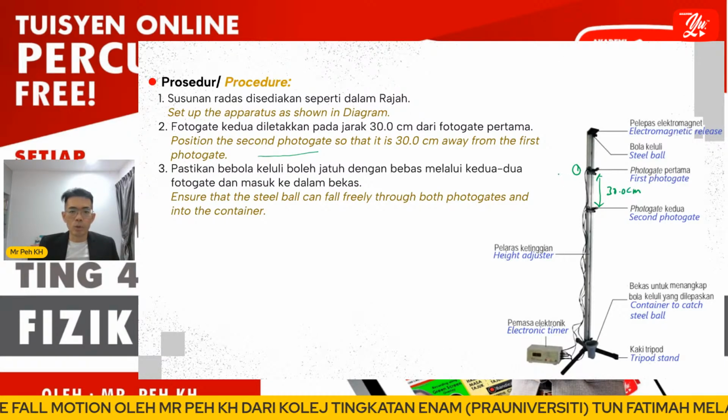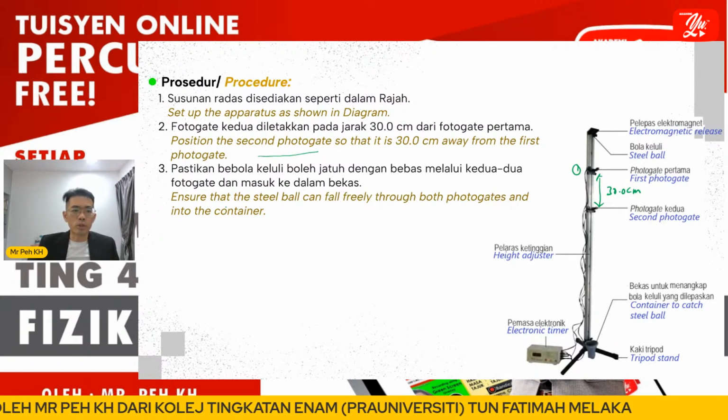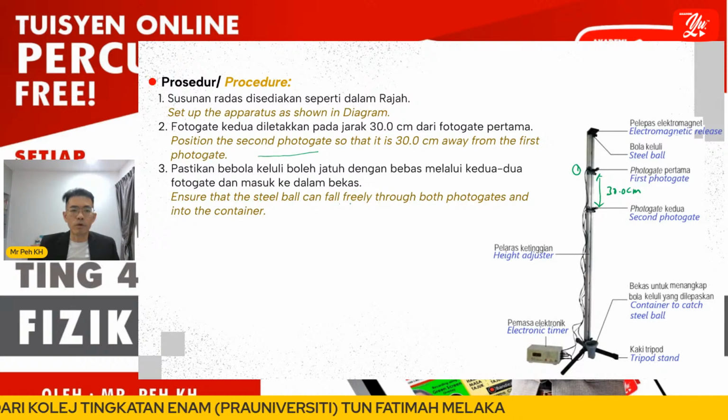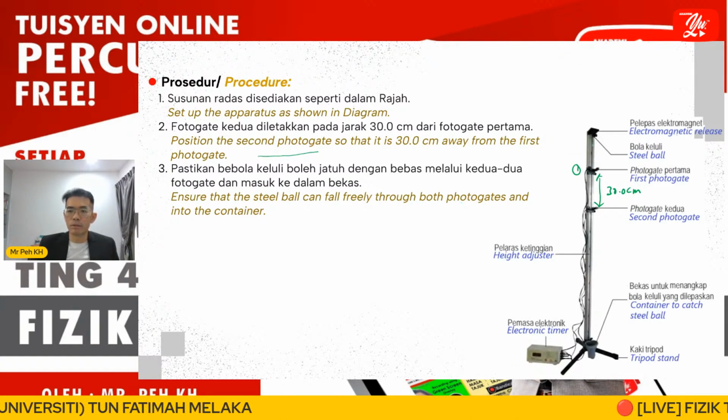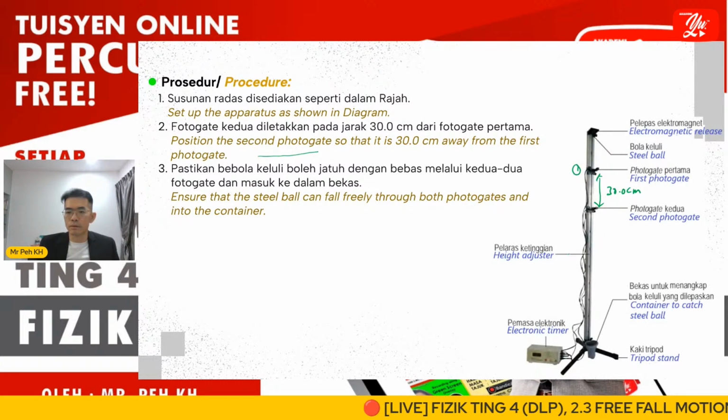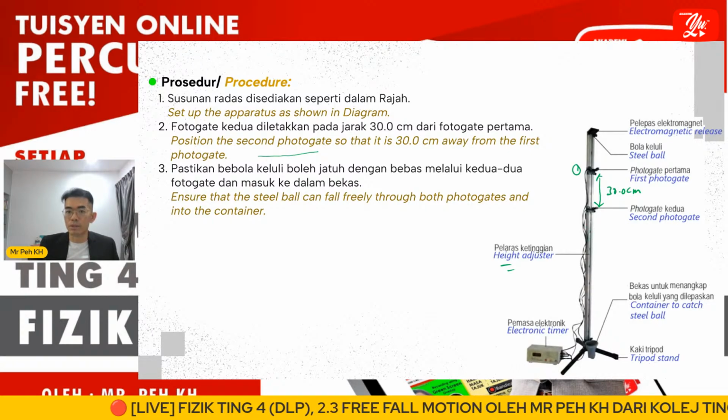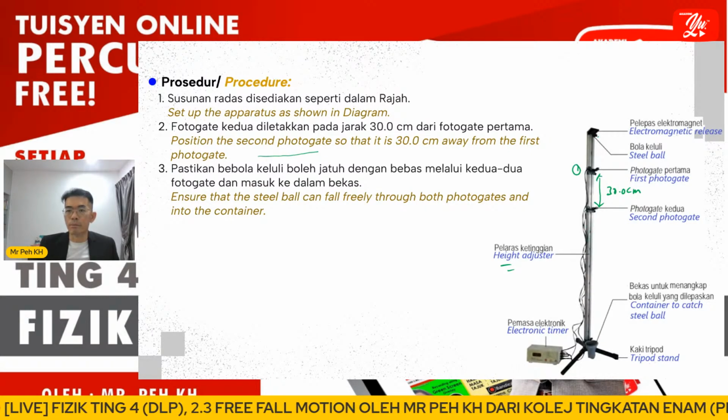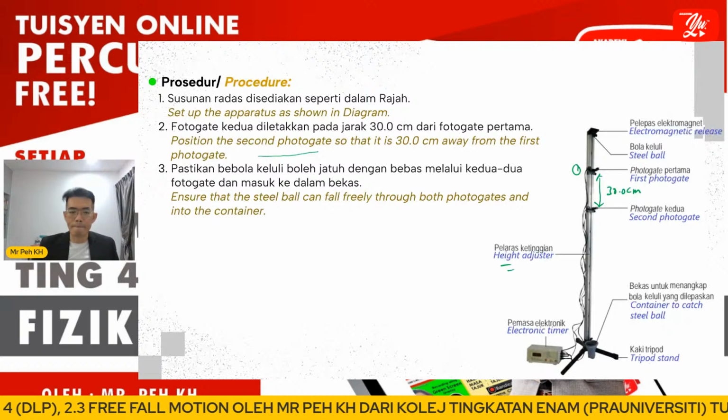Ensure that the steel ball can fall freely through both photogates. As long as we do not touch the height adjuster, there will not be any friction when the steel ball moves downward.